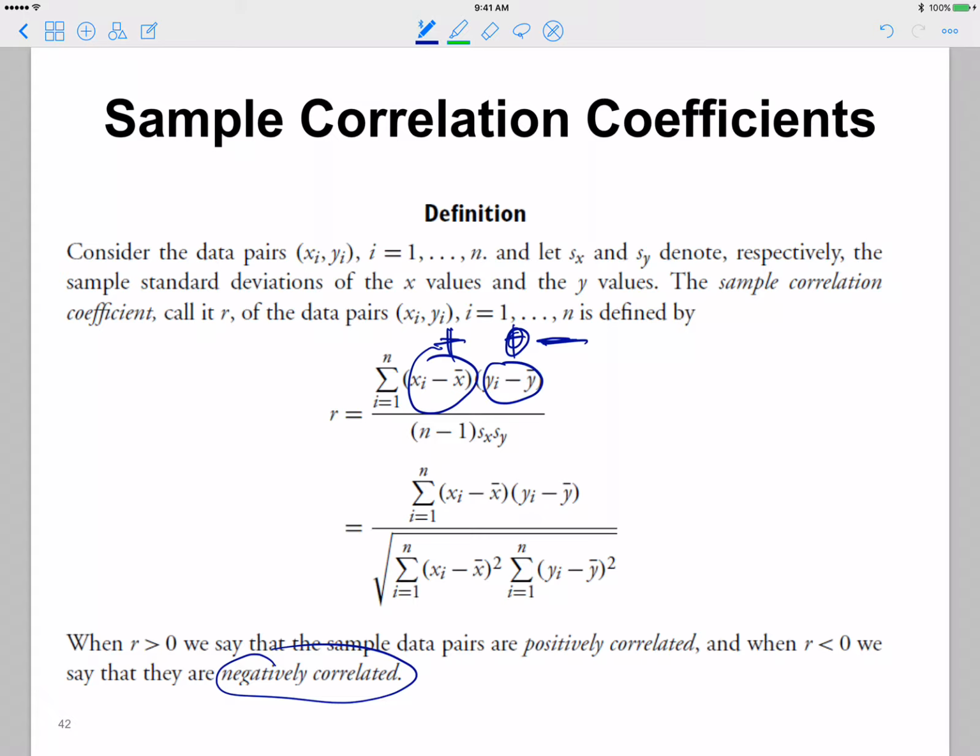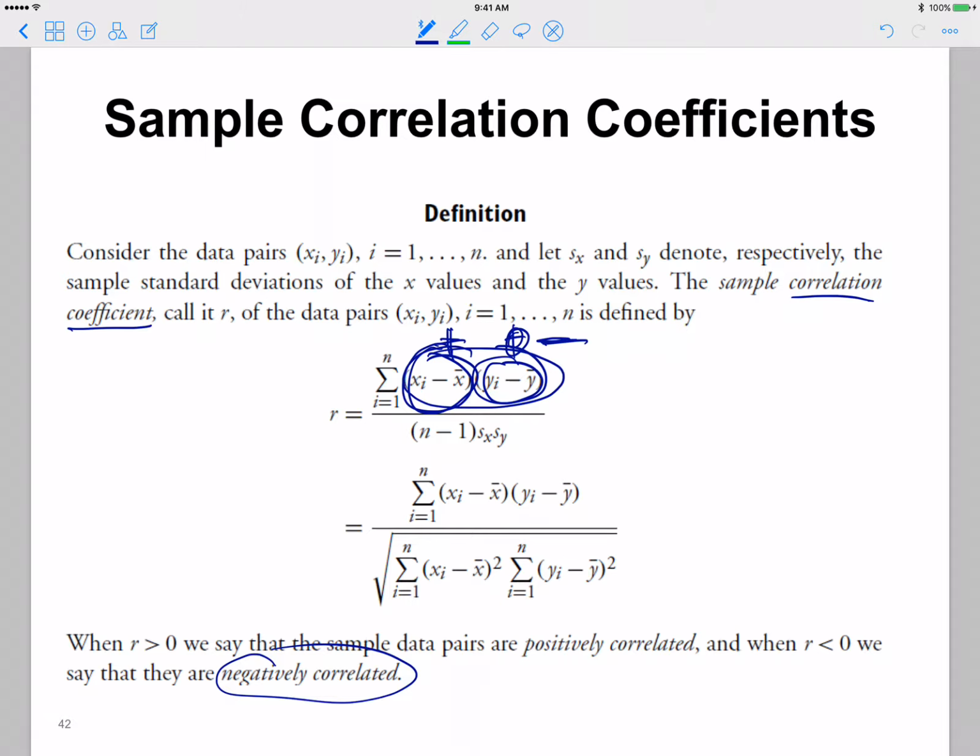And more rigorously, this is the correlation coefficient. The correlation coefficient is defined by summing up all these products between the two centered variable values. So for one person, we consider the centered values of these two variable types and multiply them together.